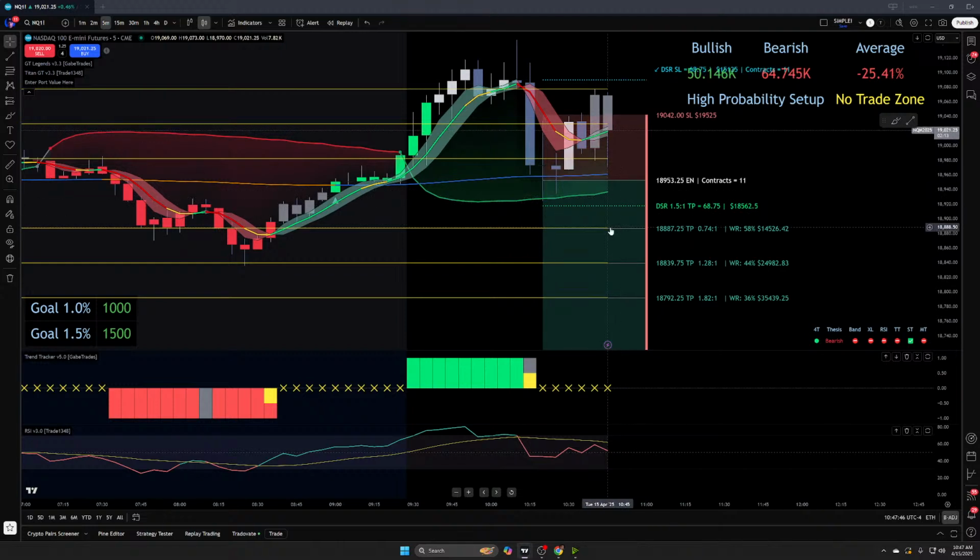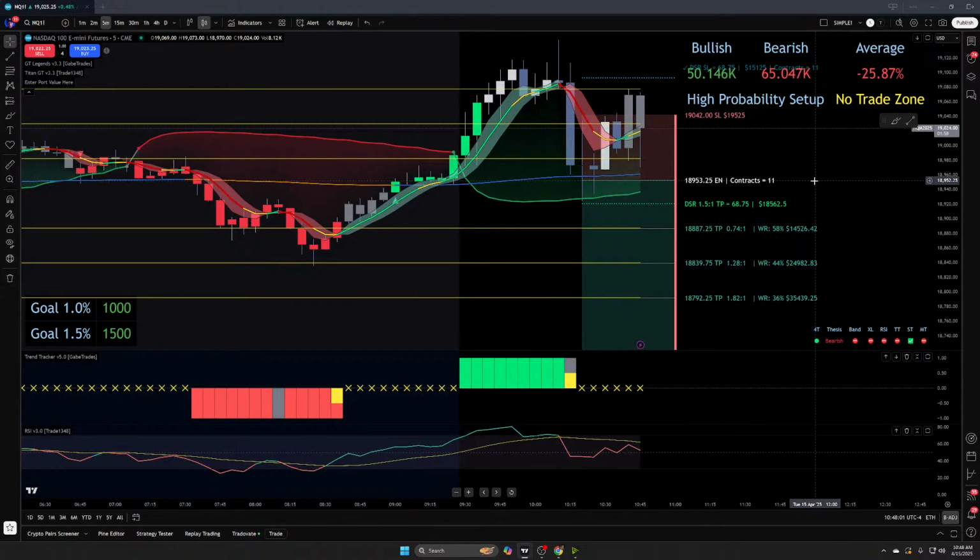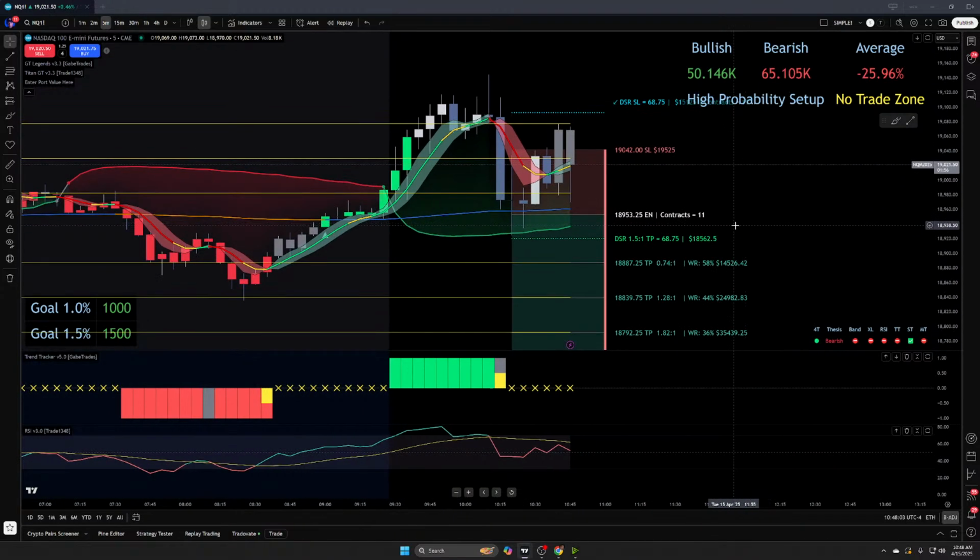Okay, we break GT 500. Where's our target? That's 0.74 here on the level. If it breaks that level, we bring our stop down, protect it. Where's our next stop? Right down here, 1.28. We have context, right? And that's why this system works so well, because you have context.